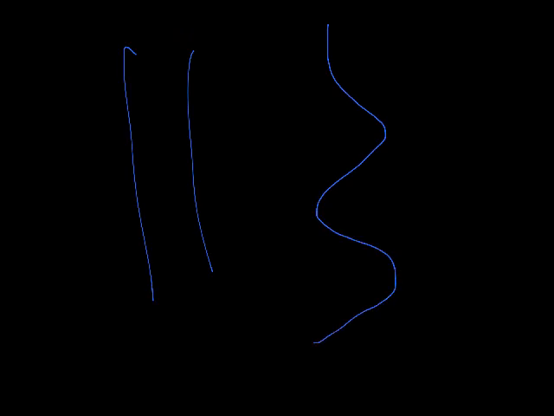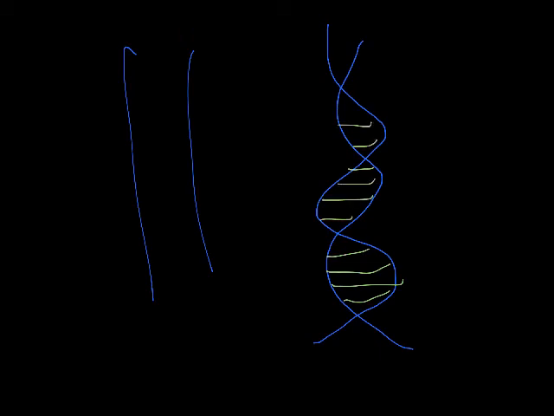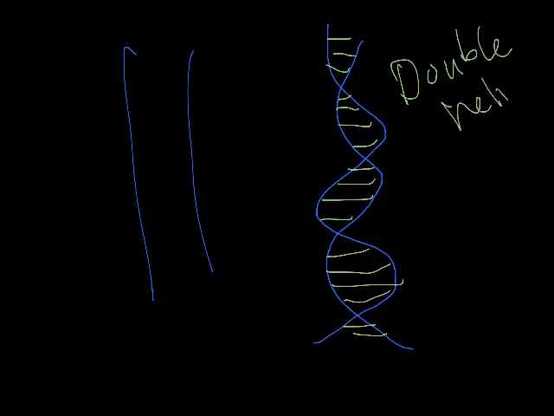That is an almost spirally type shape where the sides again are the sugar phosphate, and across the middle would be the nitrogen bases, or the rungs. We'll learn more about how Watson and Crick, two scientists, came up with the idea of the double helix later on down the road. But for now, what you need to know is that DNA forms this double helix shape.